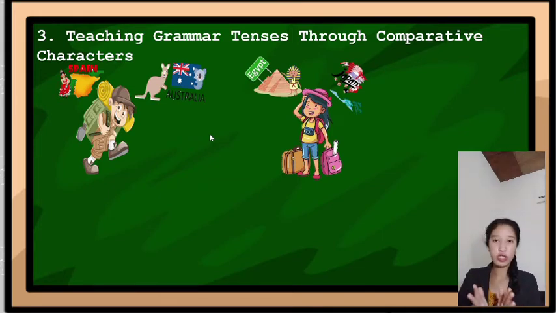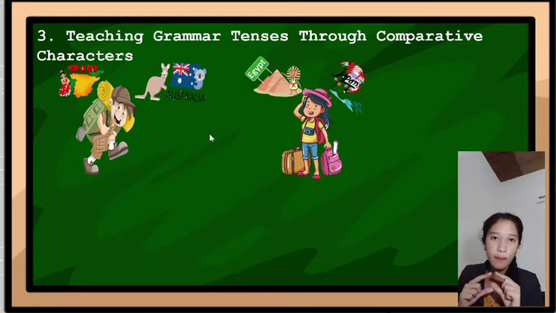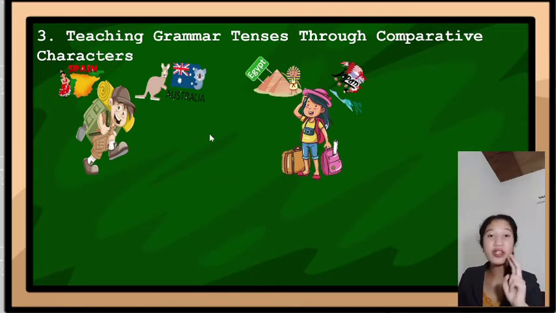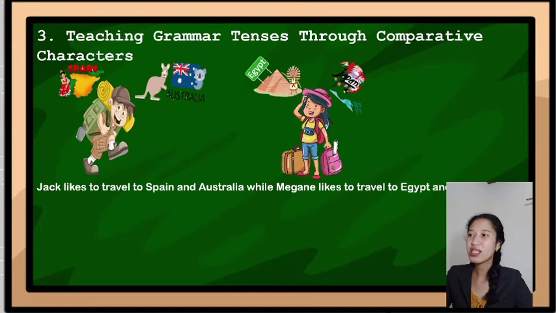If you compare the two, you explain this to the students and show it through illustration, and let them construct sentences which correspond to the illustration, with the comparison of the similarities and differences of the two. For example, Jack likes to travel to Spain and Australia, while Megan likes to travel to Egypt and Japan. How can you figure out the differences and the similarities?